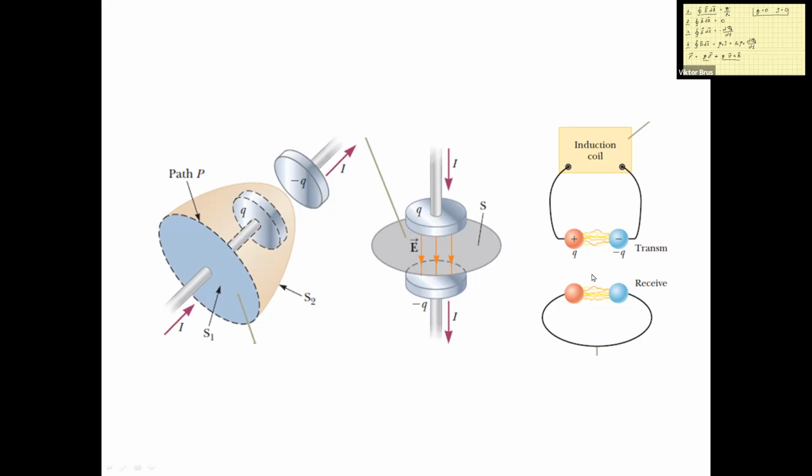So these oscillations of electric current in the receiver are induced by absorbing the electromagnetic wave.